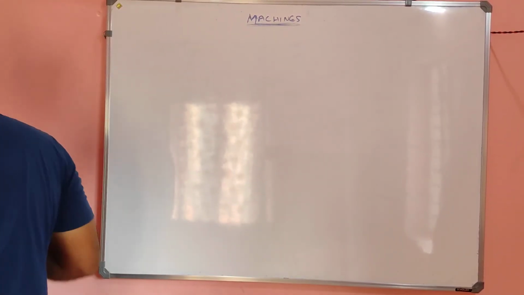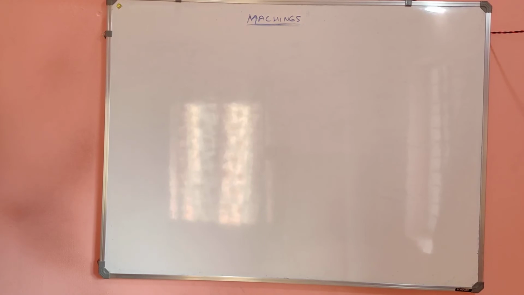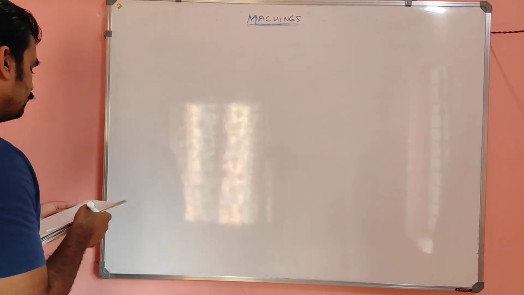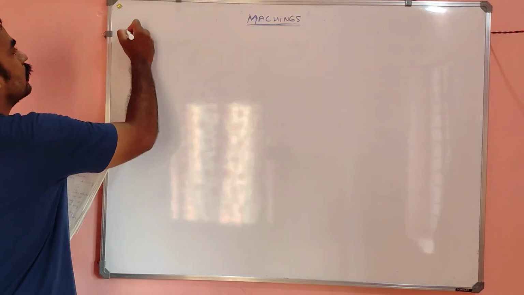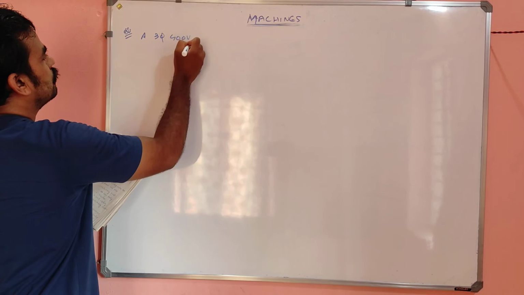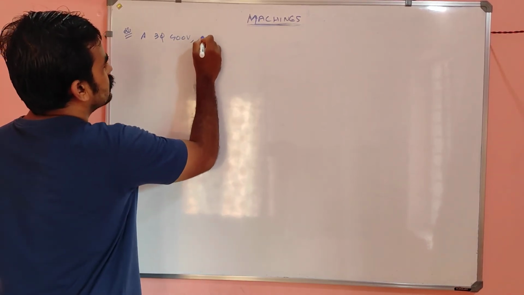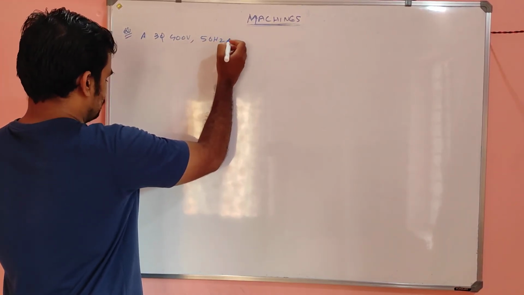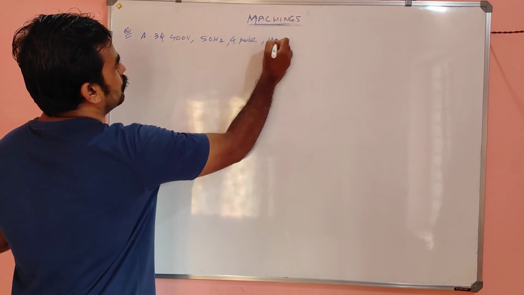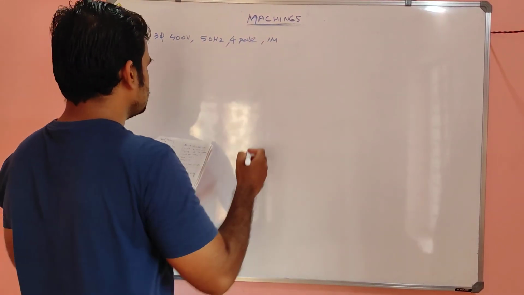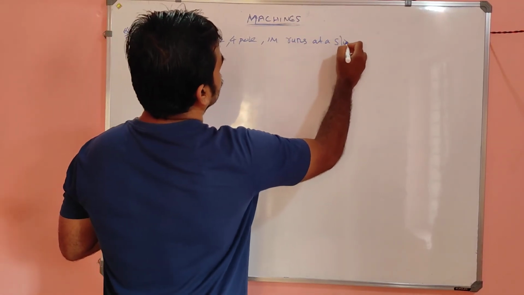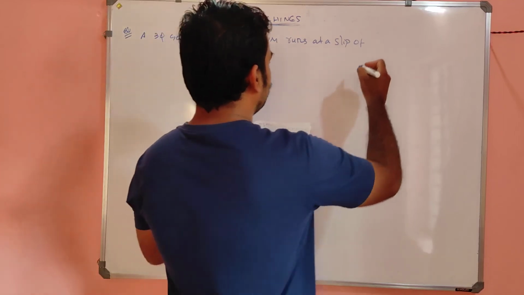Next, you have to write another question. A three-phase, 400 volt, 50 hertz, 4-pole induction motor runs at a slip of 5%.